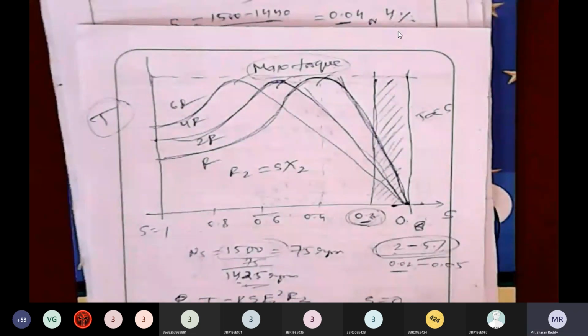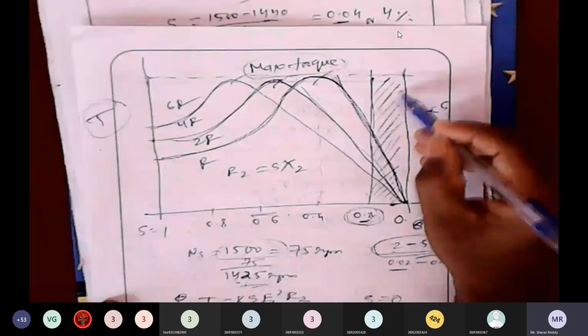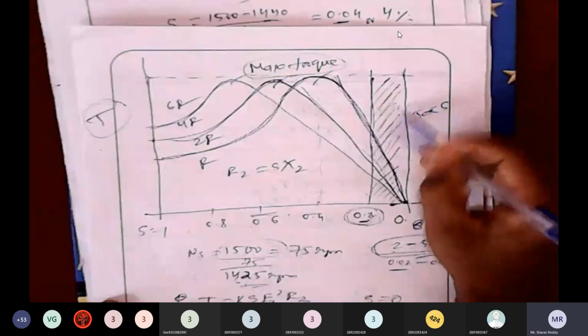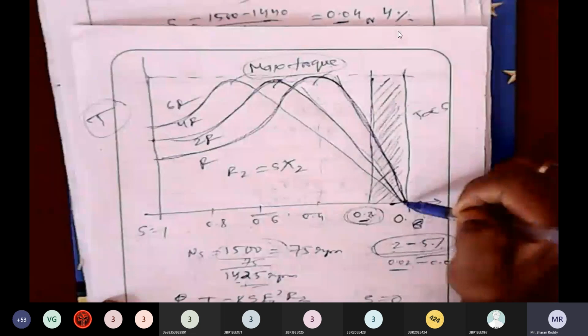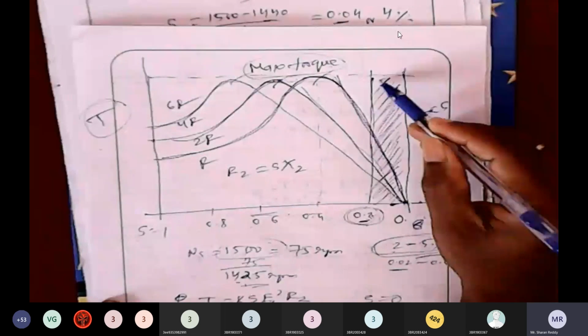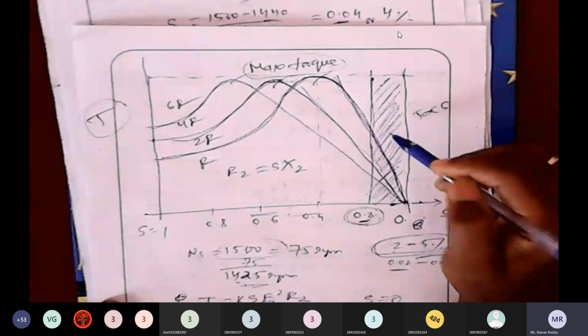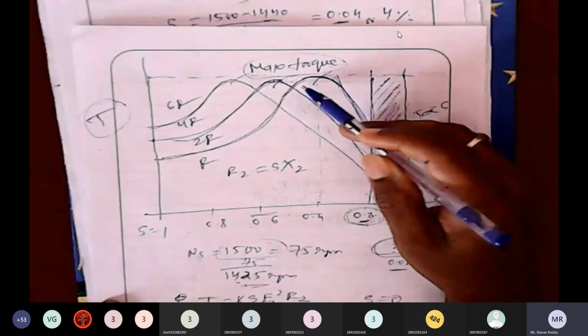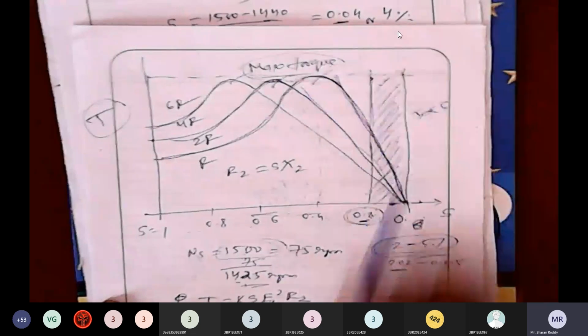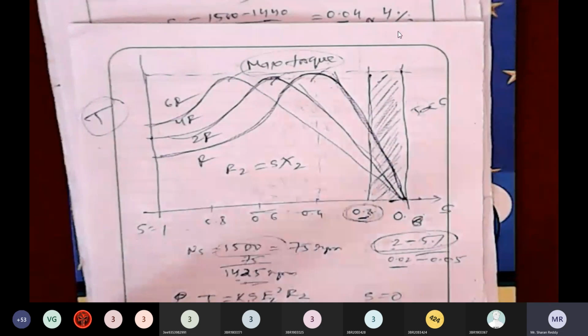There is a limit for the operation. The safe operating region is the shaded one, 0 to 0.2, the normal operating region of the induction motor. Beyond this, the torque decreases, and if you put still more load, the motor stops and will not run as a motor.